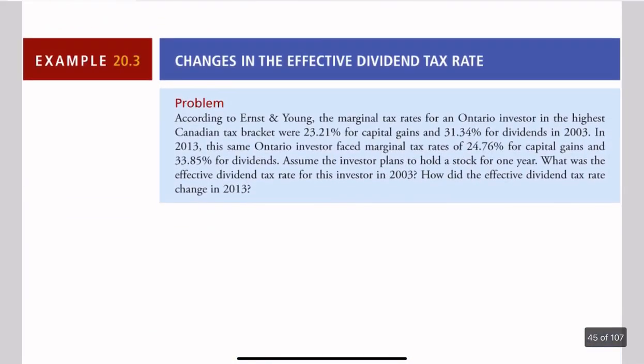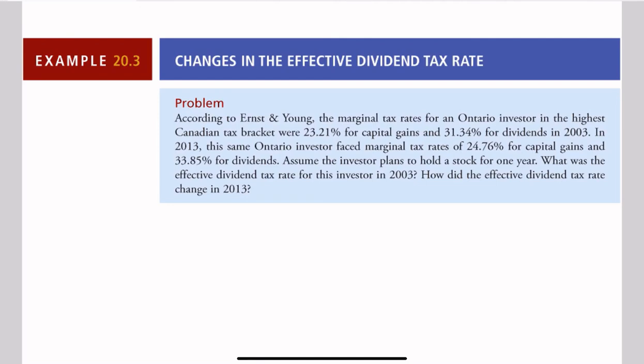Okay, now let's look at this really simple problem. It says, according to EY, the marginal tax rate for an Ontario investor in the highest tax category was 23.21% for capital gains and 31.34% for dividends.